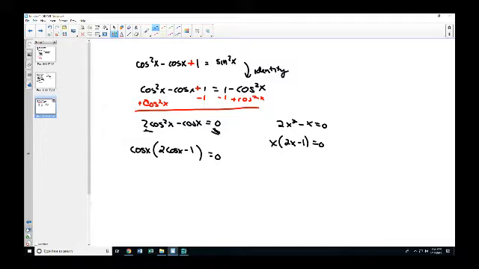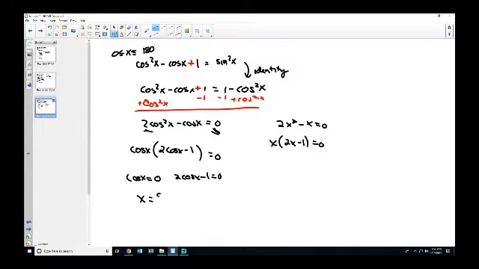Now, again, cosine x equals 0, and 2 cosine x minus 1 equals 0. So you split it. And what is x equal? 90 degrees, within 0 to 180.